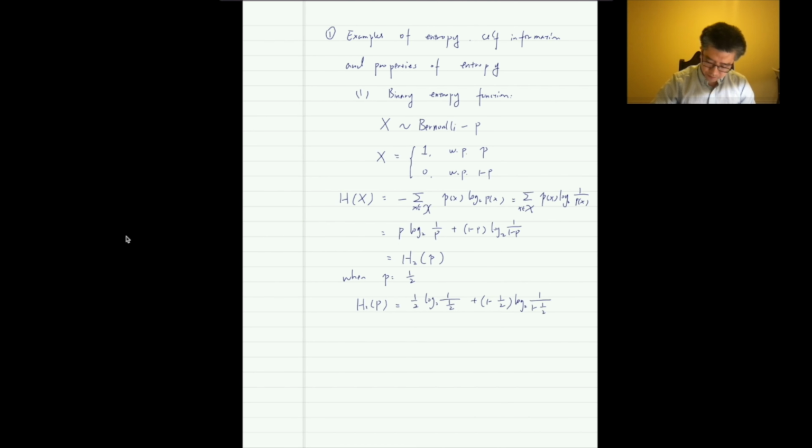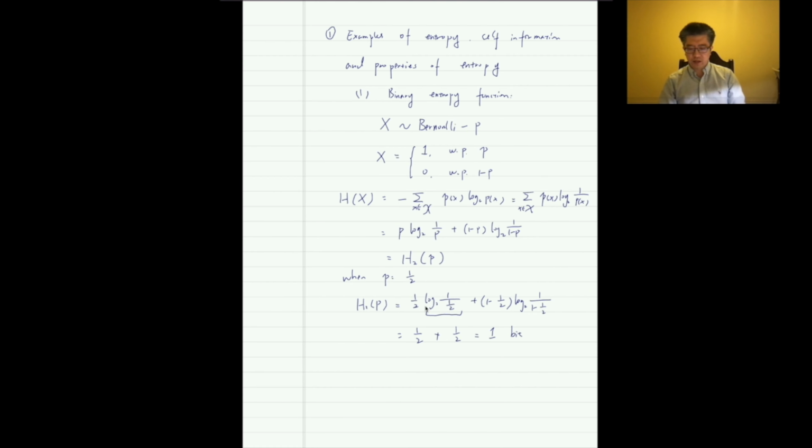And you can see that here is basically log base 2 of 2, so that's 1. Therefore the first term is half, and the second term, if you compute it, is identical to the first term, so that's half again, and what we get is basically 1. Remember, the unit now is bit.